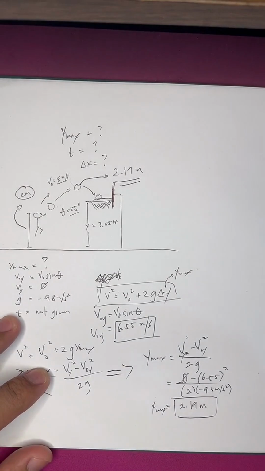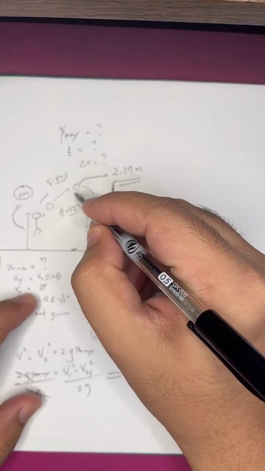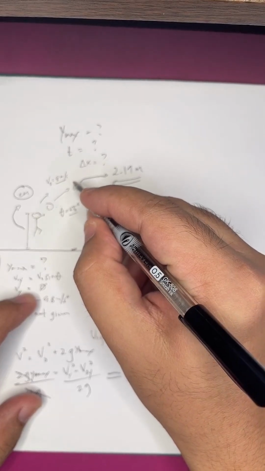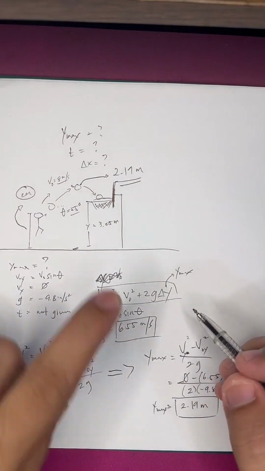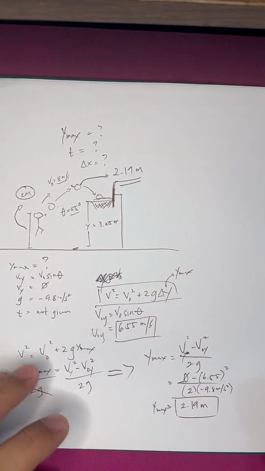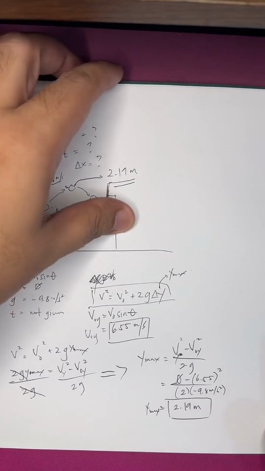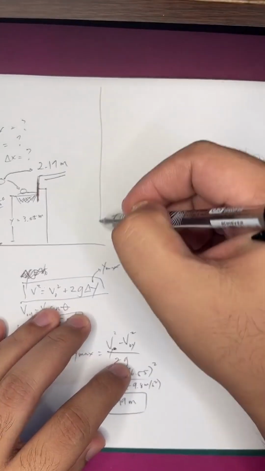So in actuality, if we want to know the height from the ground up to the ball, then we should be adding 2 meters and 2.19 meters. So that would be our true maximum height.